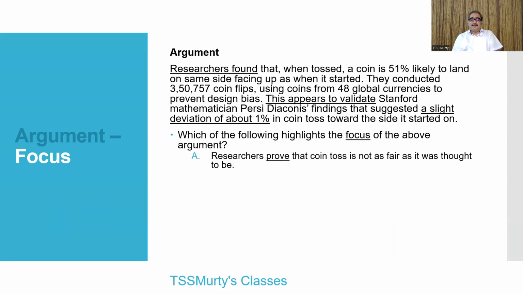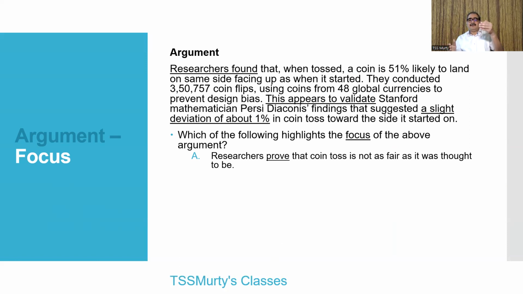The first choice, A. Researchers prove that coin toss is not as fair as it was thought to be. Initially, they thought that it is fair, but what researchers have found showed a deviation of 1%. And the findings of the Stanford mathematician also suggested that deviation of 1%.